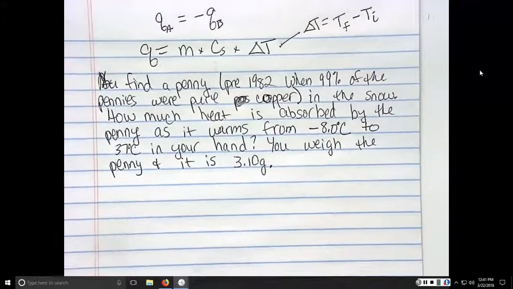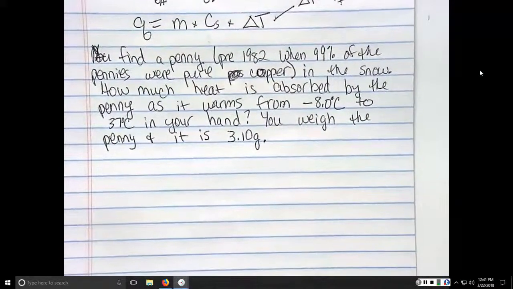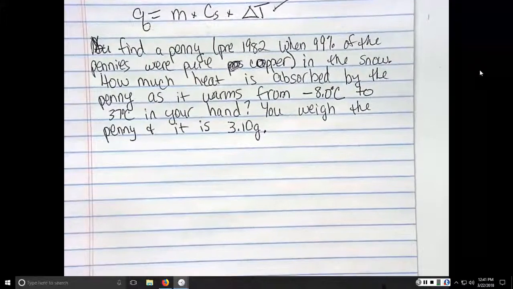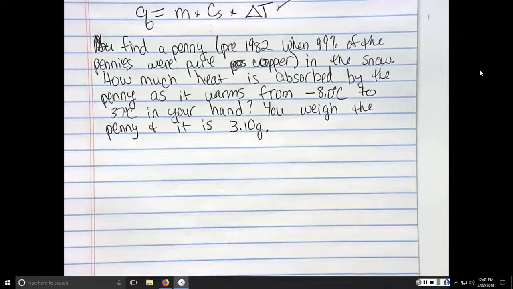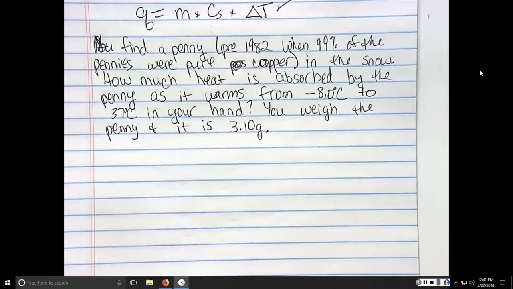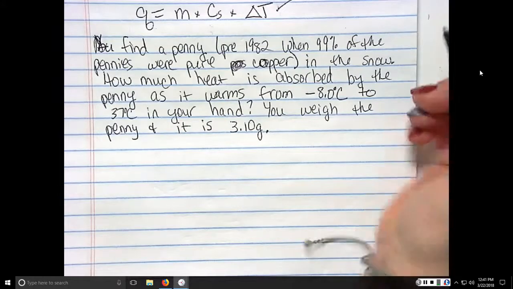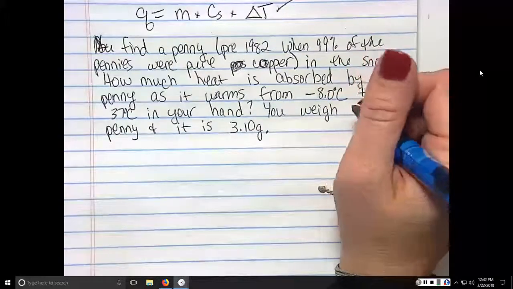Okay. Now, on something like this on a test, I would give you the specific heat of copper. For now, the book, when it gives you these kind of problems, it assumes you're just going to look up the specific heat. So the specific heat of copper, where is it?